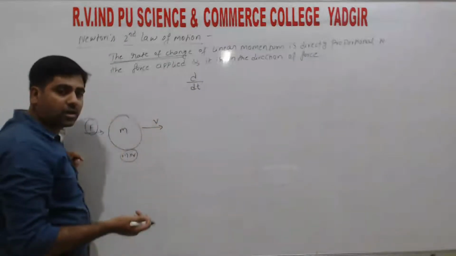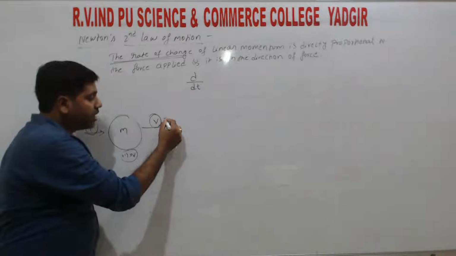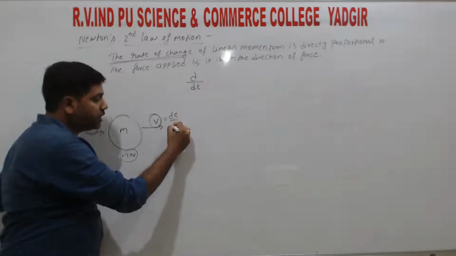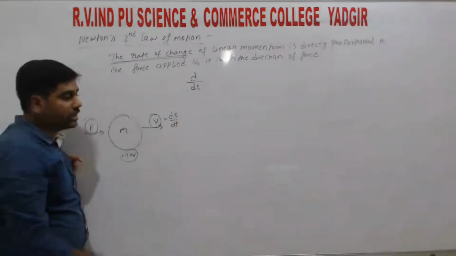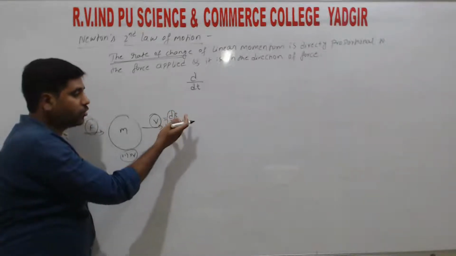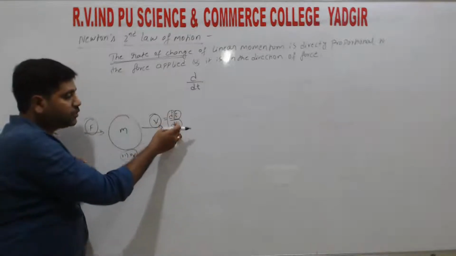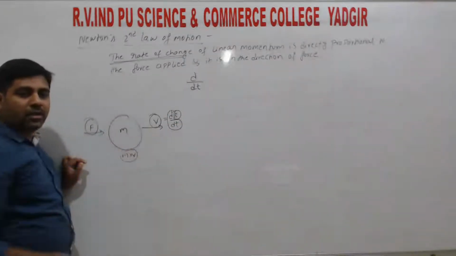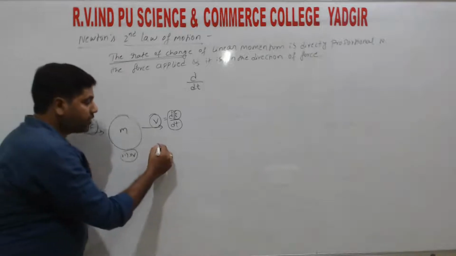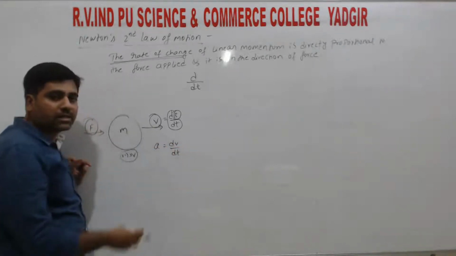So in the previous class we also defined velocity. Velocity is defined as rate of change of displacement. That one we call velocity. That means here d by dt is constant. That is rate of change. So the change is happening in displacement, right? So change in displacement with respect to time we call velocity, right? So same as acceleration, rate of change of velocity, that one we call acceleration.